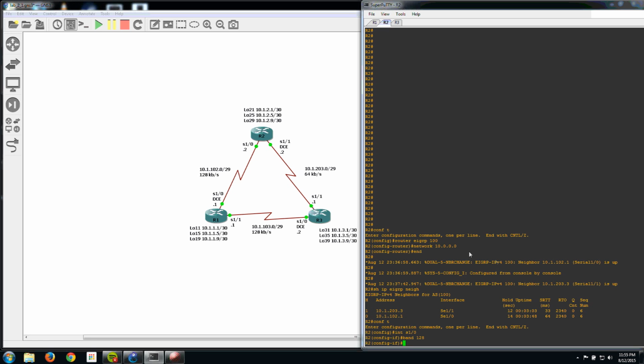So now we have everything configured. These two links are set to 128, and this is still 64.